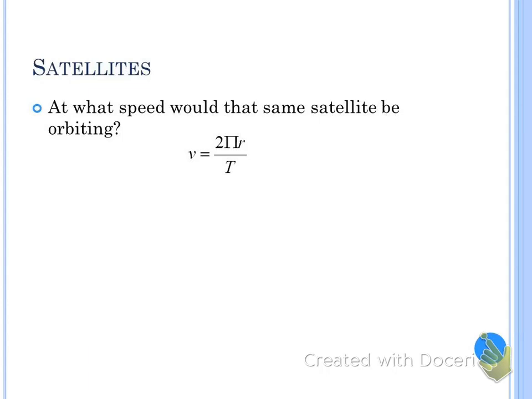Here's an important observation. What's t here, first of all? 86,400, right? It's still going to go one complete revolution at the same speed as the Earth. So 86,400 seconds is 1 day. So t isn't going to change here. What radius do we use? The total.